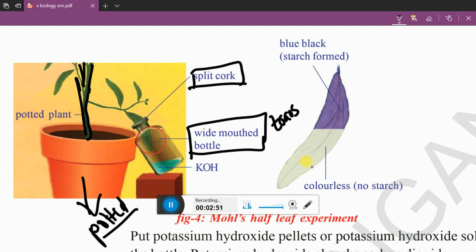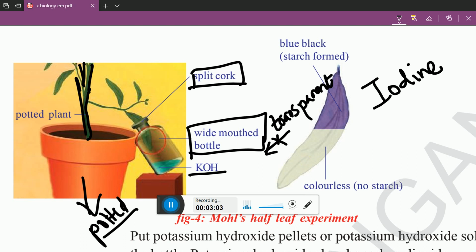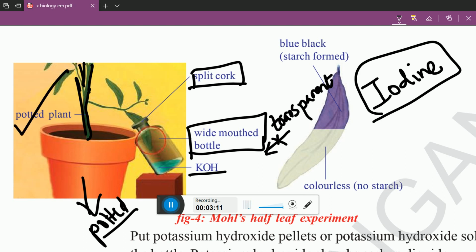If the name is not written that way in your textbook, correct it: transparent, otherwise sunlight cannot pass through it. And potassium hydroxide, then iodine solution. So remember all these: potted plant, wide mouthed transparent bottle, split cork, potassium hydroxide, and iodine solution.